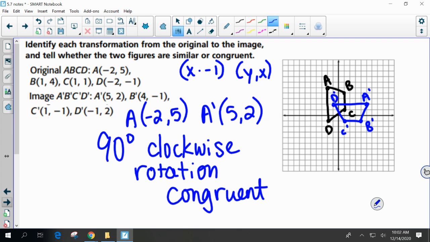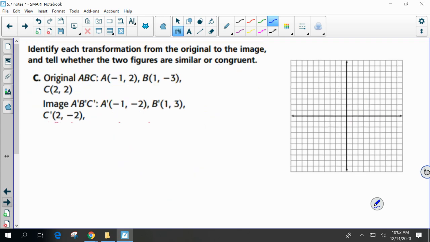Okay, so on the next example, again, you have to graph your original and your prime. Okay, so are these facing the same direction?